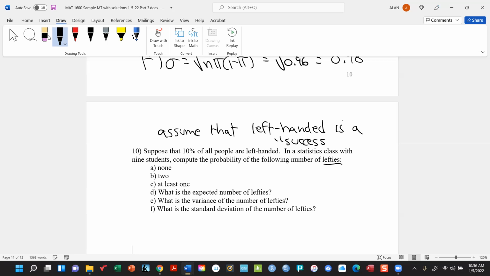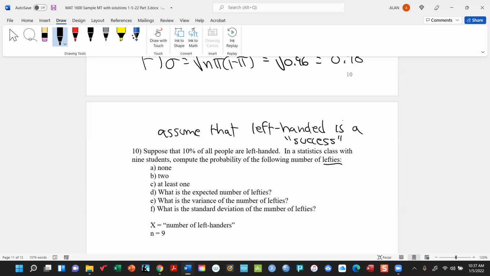And so for that reason, we can say that X is the number of left-handers, and because there's 9 people in the group, each one of them could be considered a trial where they're either left-handed or they are not.